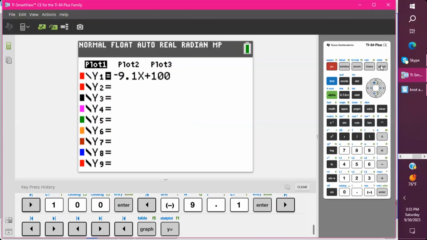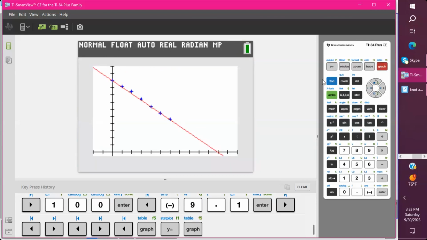But using this manual fit is just another way that we can come up with this line of fit with the technology, rather than going to y equals and typing it in, then having to hit graph. That wasn't a good fit. Going back to y equals, typing something in, going back to the graph, seeing what it looks like and things like that. So this will work for linear data.